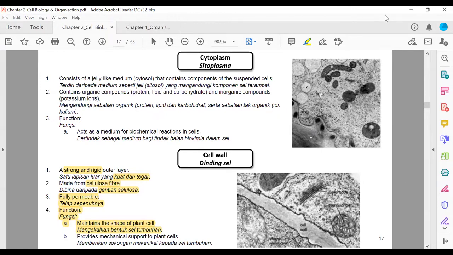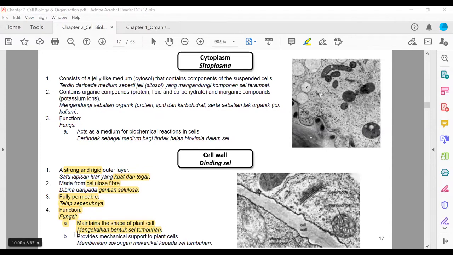Jadi kadang-kadang soalan ini 3 markah. Markah pertama apa fungsi dia? Maintain the shape of plant cell. Markah kedua because it is strong and rigid. Markah ketiga because what makes it to become strong and rigid? Apa yang menyebabkan dia kuat dan tegar? Because of the cellulose fiber. So you write that, you dapat markah ketiga. Okay, faham? Alright, clear.